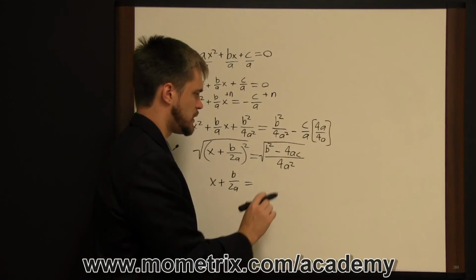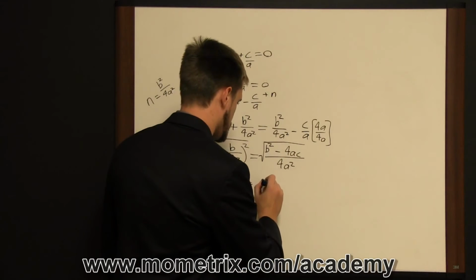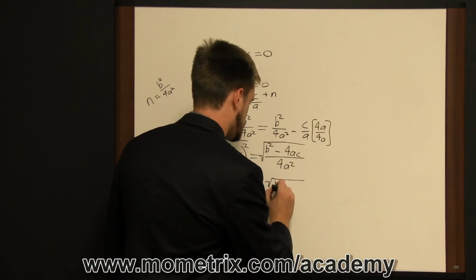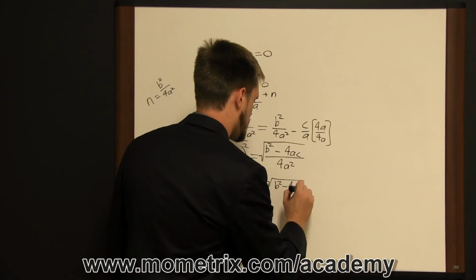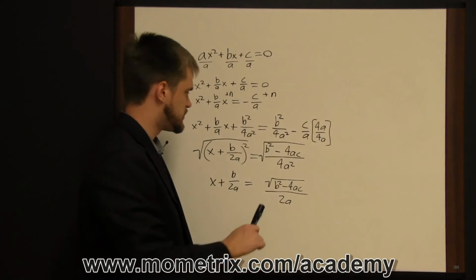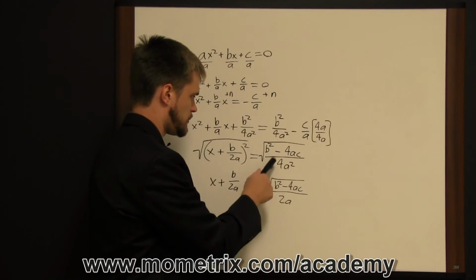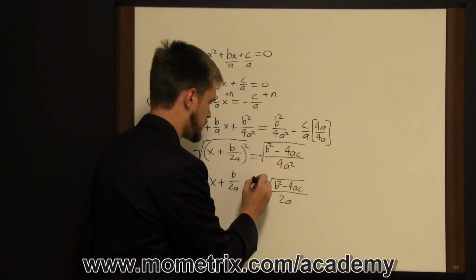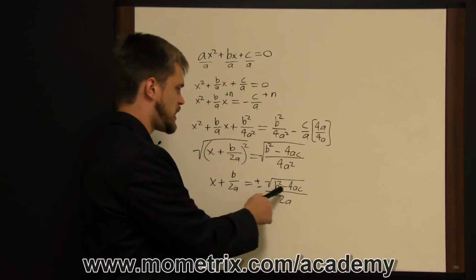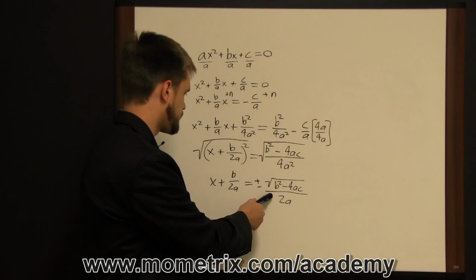The square root of 4a squared is 2a, and so we have the square root of b squared minus 4ac over 2a here. But because we took the square root of both sides and we didn't know whether this is going to be the positive or negative square root, we have to add a plus or minus in front of one of these terms. And so we'll put it over here.